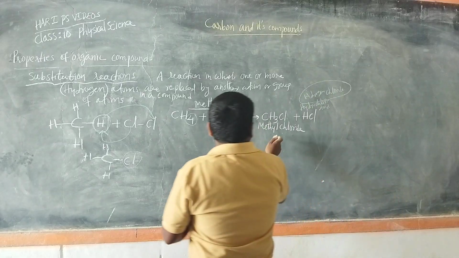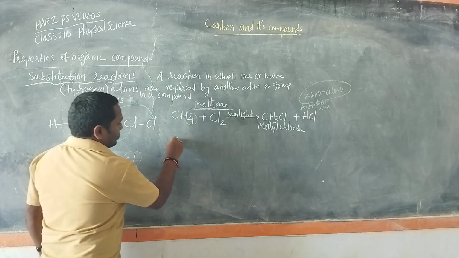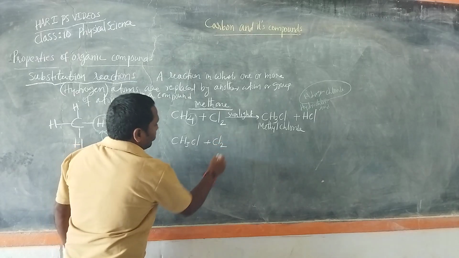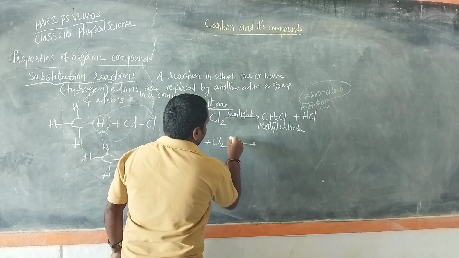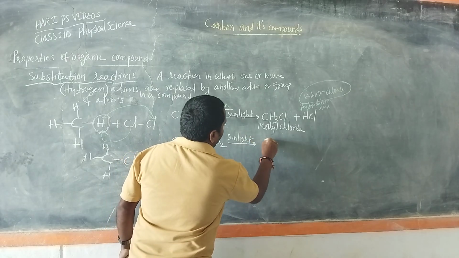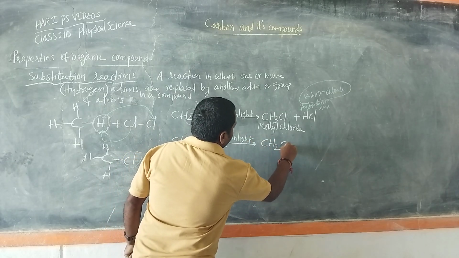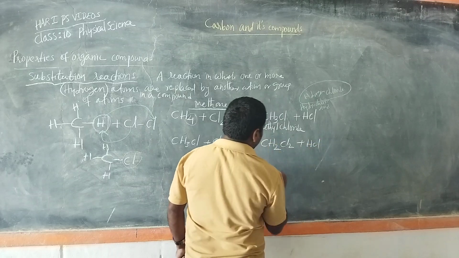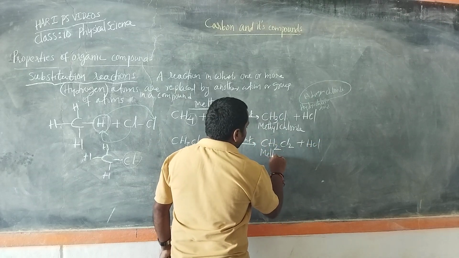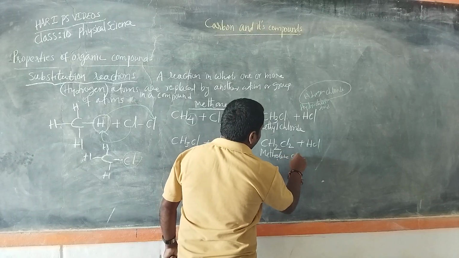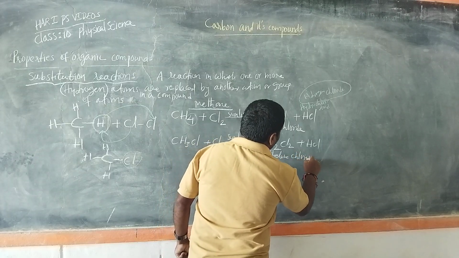Then this methyl chloride, CH3Cl, again combines with chlorine in the presence of sunlight. It gives CH2Cl2 plus HCl. This is called methylene chloride.